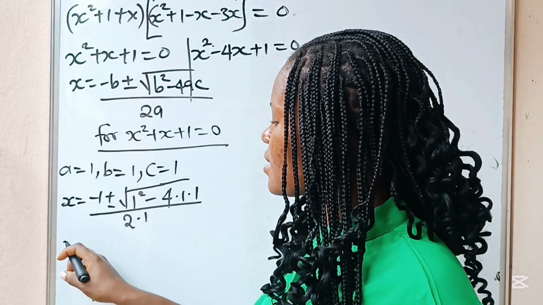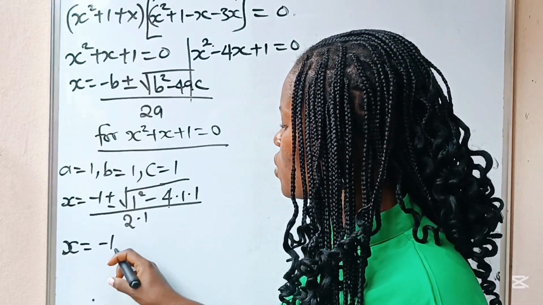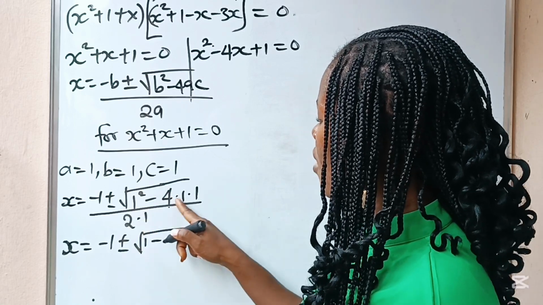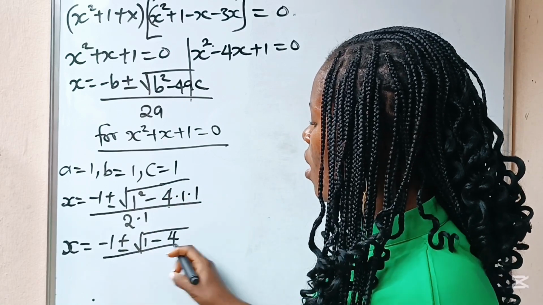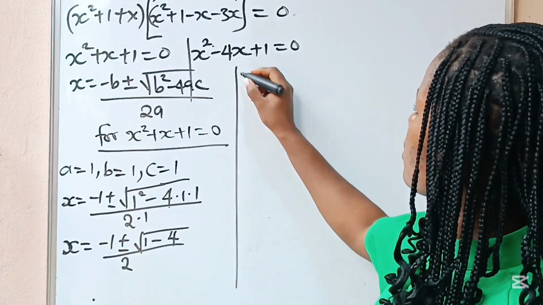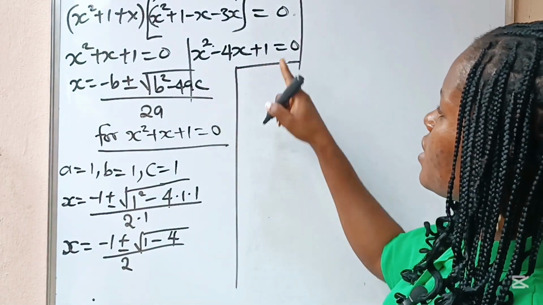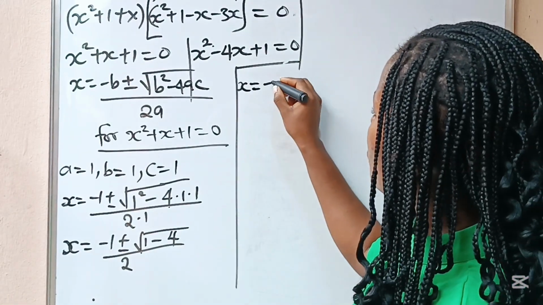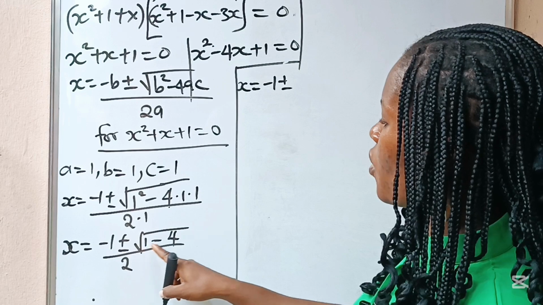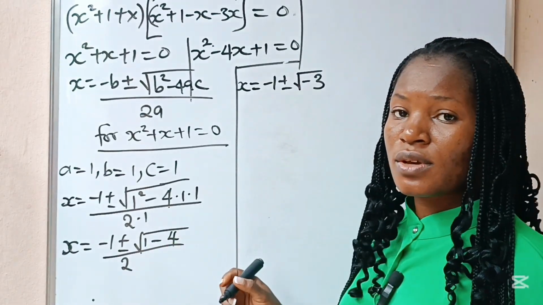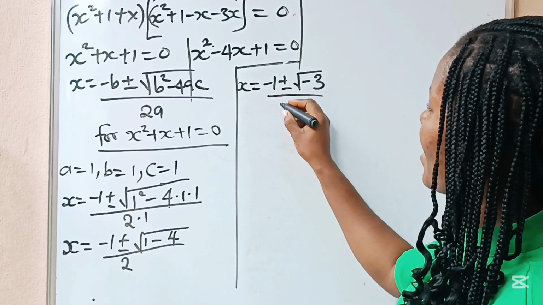Now our x will be equal to minus 1 plus or minus the square root of 1 squared, which is 1, minus 4 times 1 times 1, which is 4, everything divided by 2. I'm still going to leave this because we still need it. From here, x is equal to minus 1 plus or minus the square root of 1 minus 4, which gives us minus 3, divided by 2.